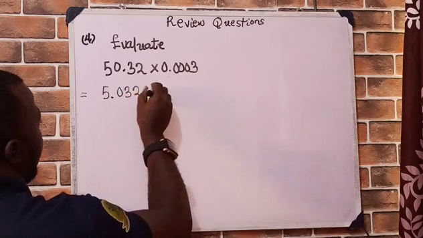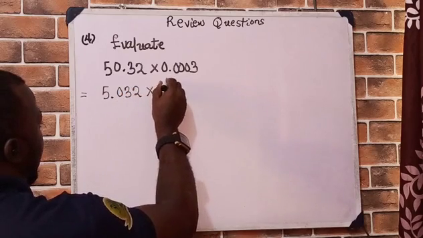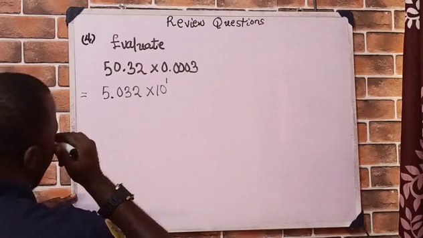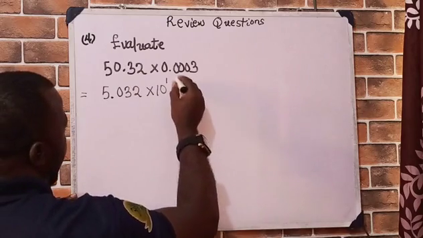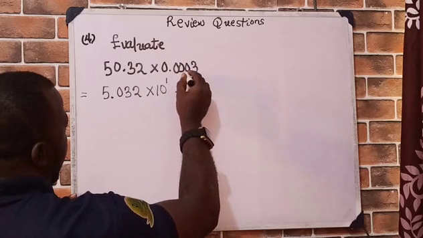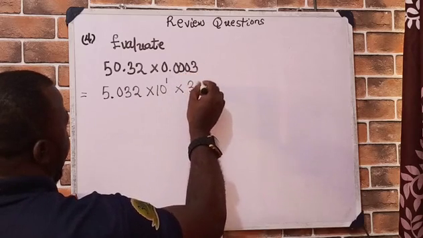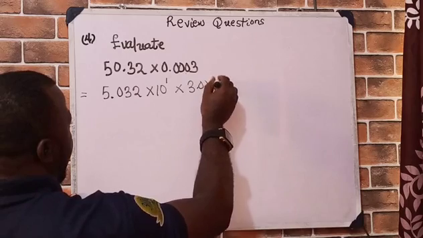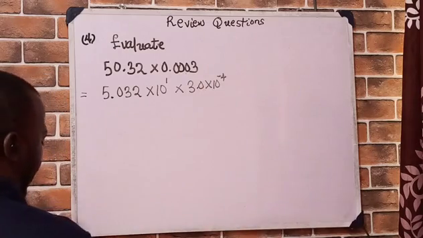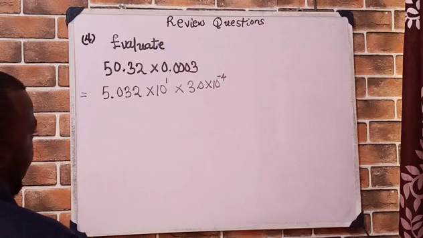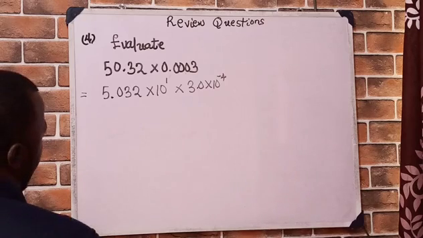5.032 times 10 to the power of 1 because I'm moving left, then times, moving right 1, 2, 3, 4, that's 3.0 times 10 to the power of negative 4. And then multiply the numbers.